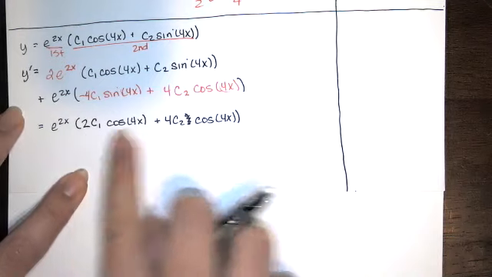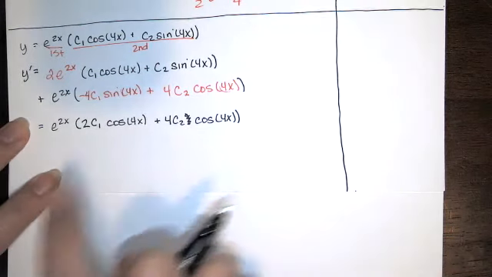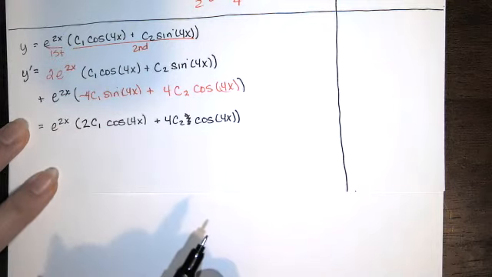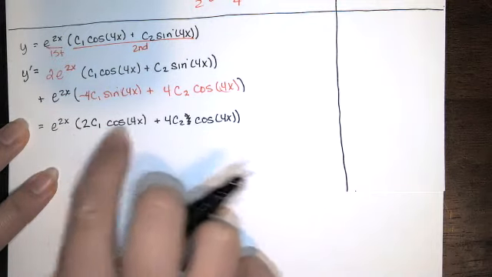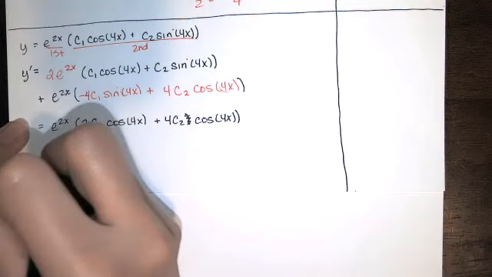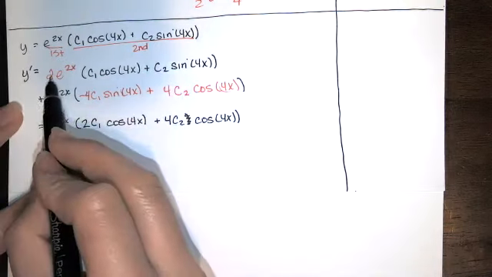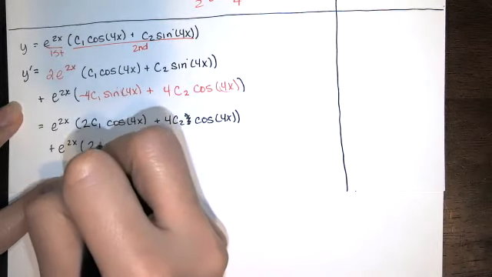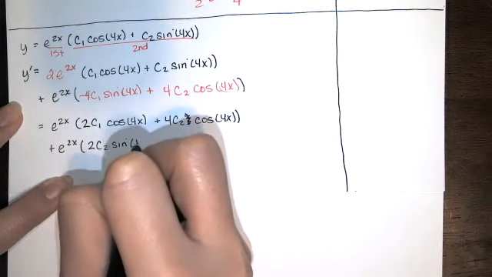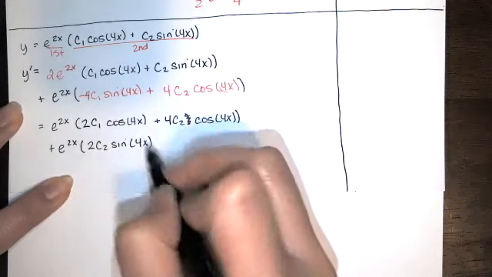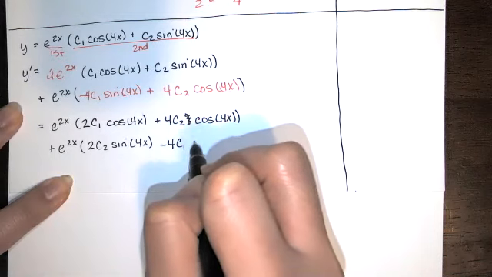So from these, I could factor out the cosine function, and I'll have that product involving the exponential, the cosine, and the 2c1 plus the 4c2. And then we have another one over here for the sines. We'll have 2 times c2, and then for the sines here, we have negative 4 c1 times sine.